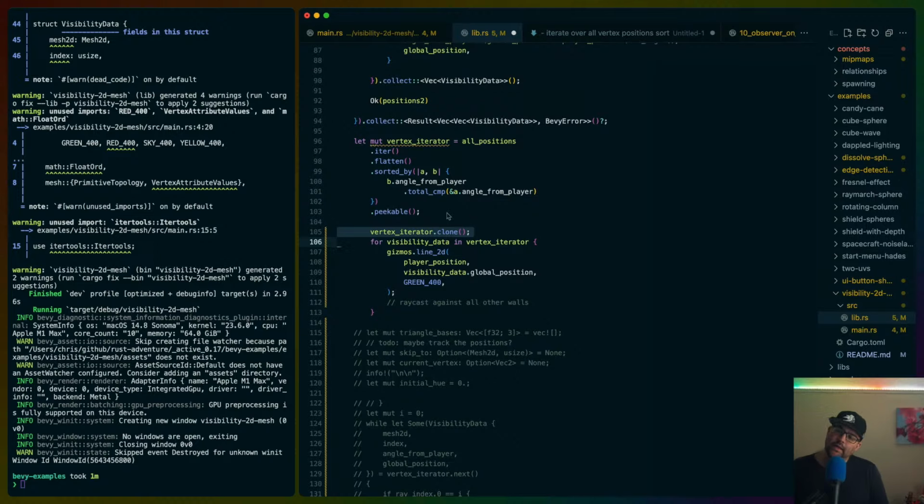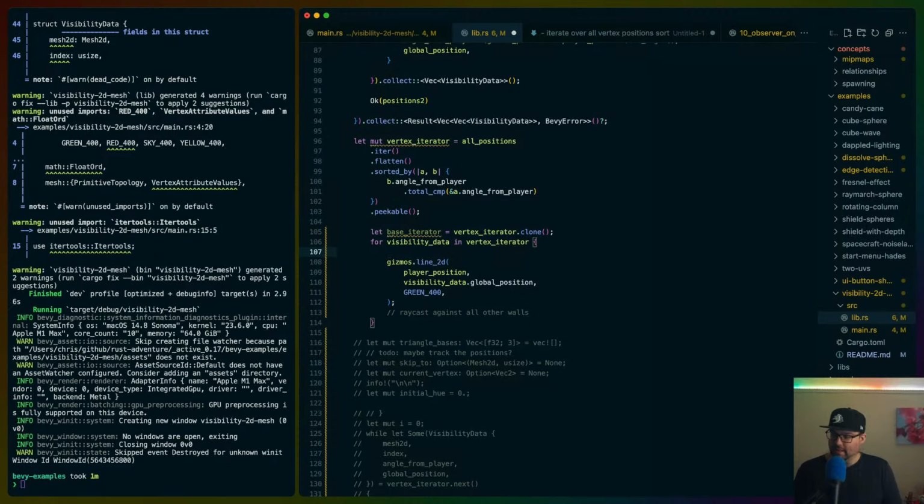Is it better to clone the iterator that we already have? Right, base iterator. And then in here, for every time we do this, we're going to do, right, and we still have this iterator.